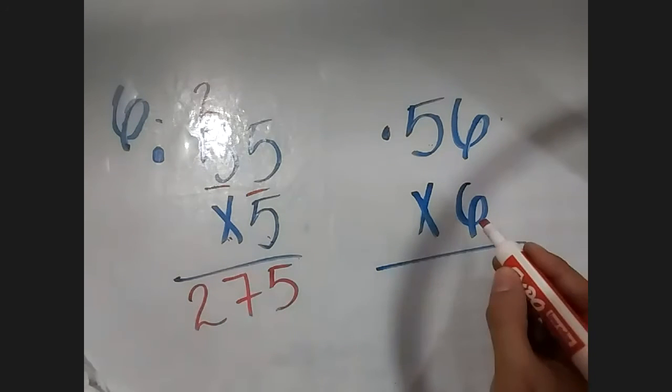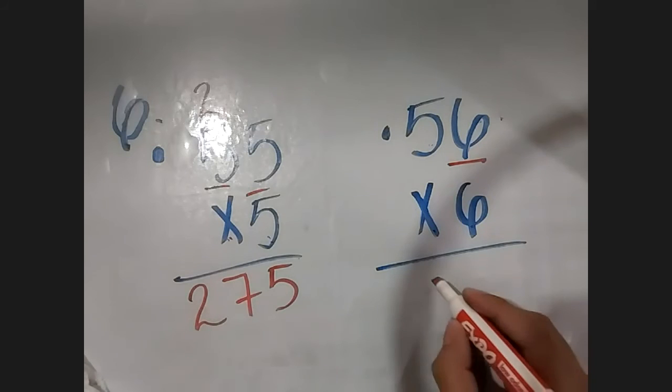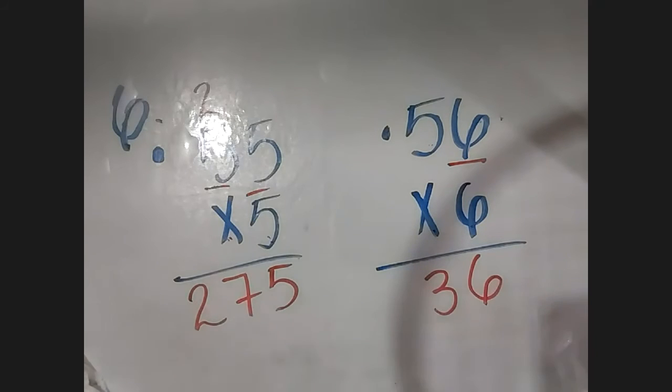Now this one. 6 times 6, 36. Can I write the two numbers?